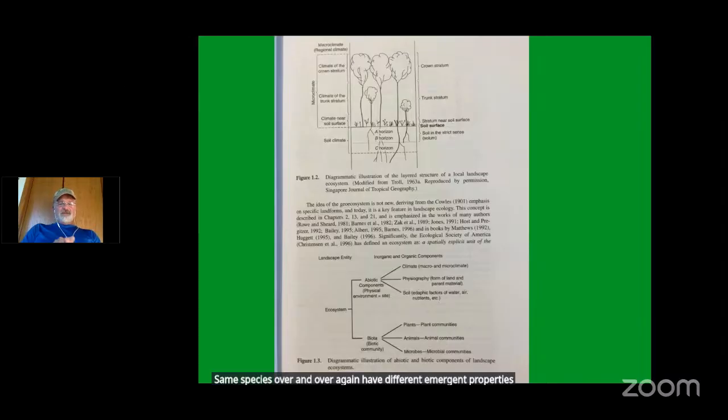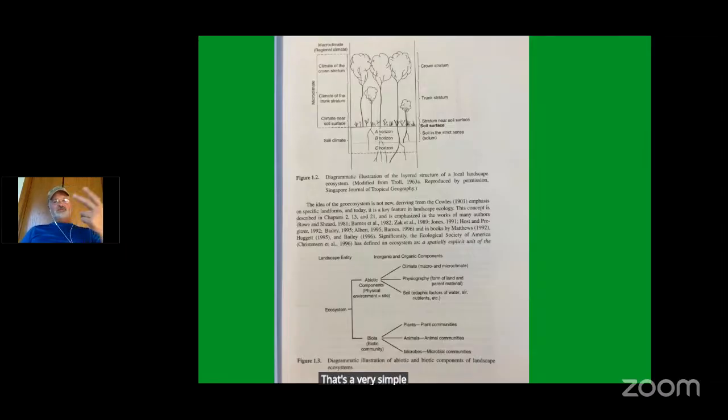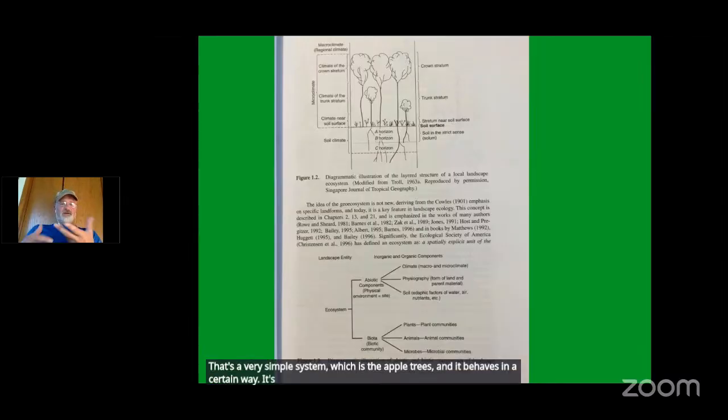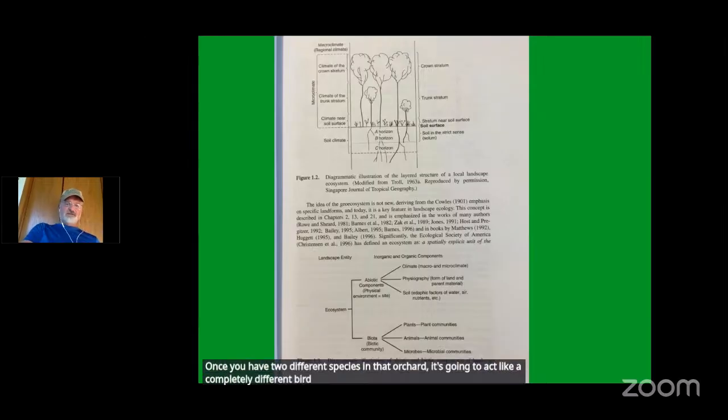And what's fascinating about this, if I say the word apple orchard, you guys get a picture of what most people's apple orchard would look like. Apple trees, grass underneath, and that's about it. That's a very simple system with just the apple trees, and it behaves in a certain way. It's fairly predictable. Once you have 2 different species in that orchard, it's going to act like a completely different beast than just one species, apples. You start adding 3 species, 4 species, it behaves totally different.